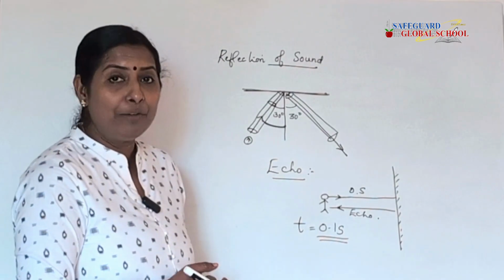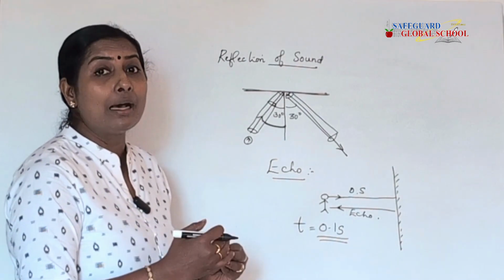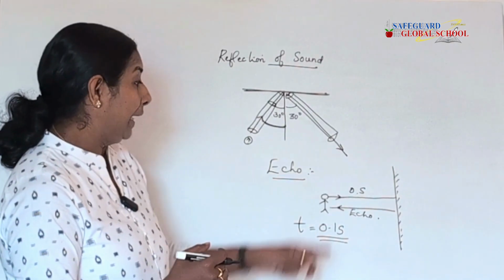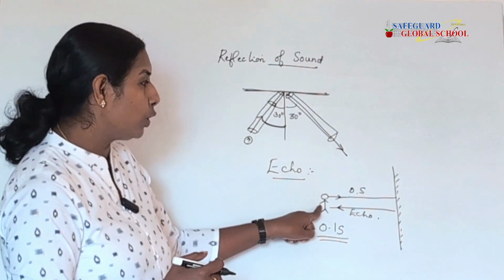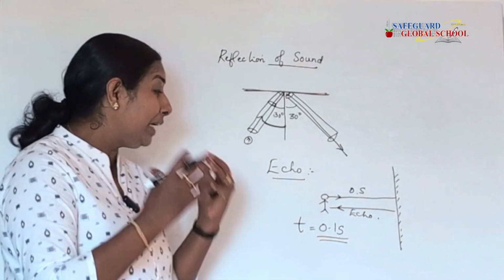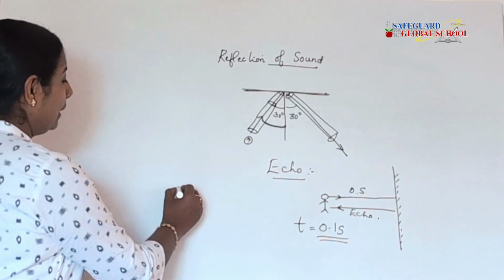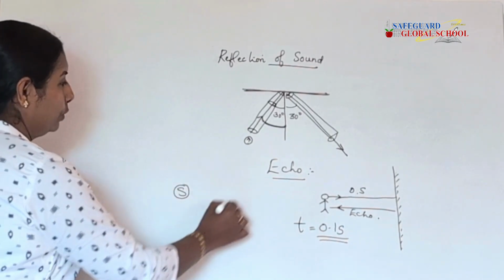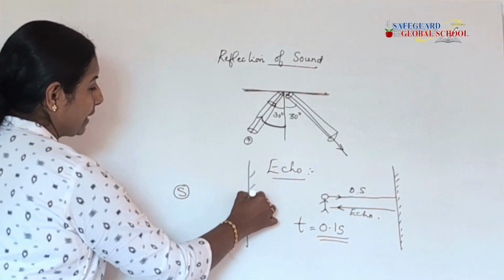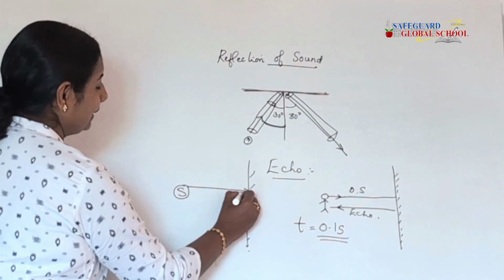Keeping this time factor, we will now discuss what is the minimum distance needed between the source of sound and the reflecting surface to clearly hear an echo. So listen, suppose this is the source of sound and this is the reflecting surface. So we know that the sound travels like this.